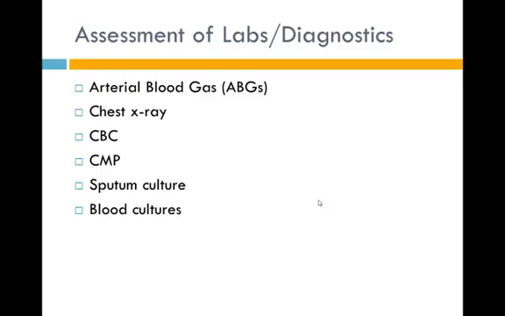Blood cultures will also be needed and assist if there is a systemic infection and you're suspecting that some sort of antibiotic therapy would be warranted. And lastly, an electrocardiogram, otherwise known as an EKG, if the client has any underlying cardiac issue.